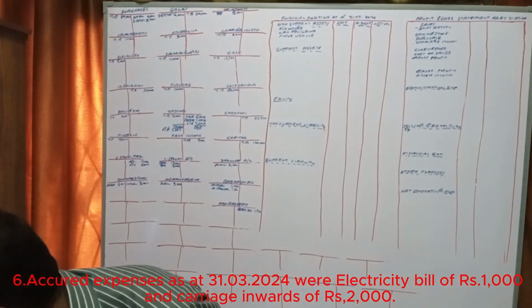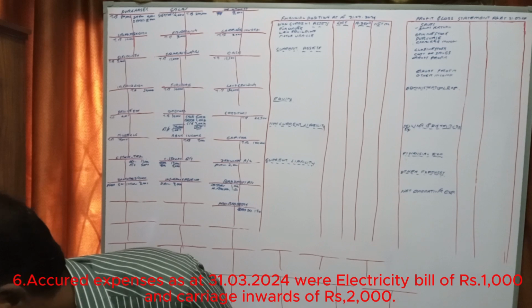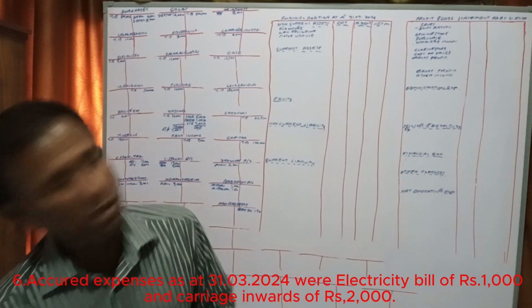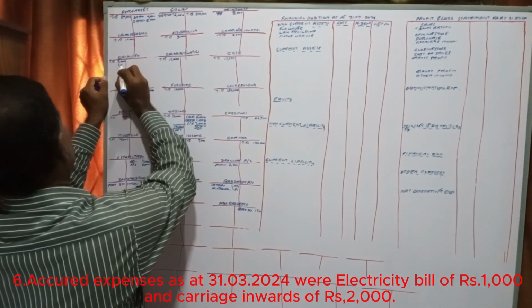And seventh is accrued expenses as at 31st March 24: electricity bill 1,000. Where is the electricity bill 1,000?